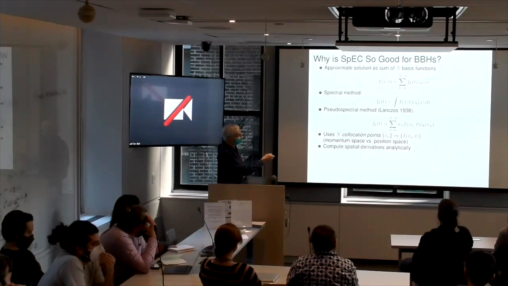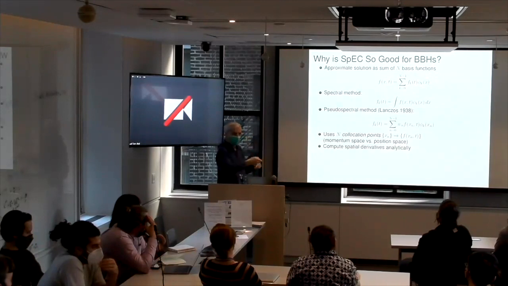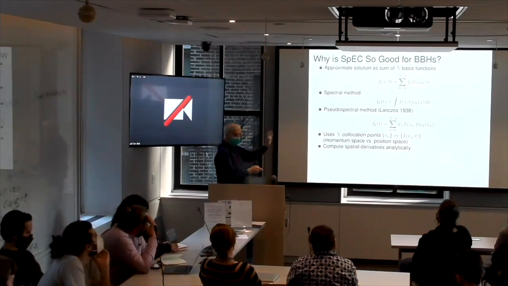But instead of this going to infinity, because we're doing this on a computer, you truncate this, you keep n basis functions. And these basis functions are typically, if it's periodic, a Fourier basis. If it's not periodic, you can use polynomials, Chebyshev polynomials, Legendre polynomials. The details don't matter.